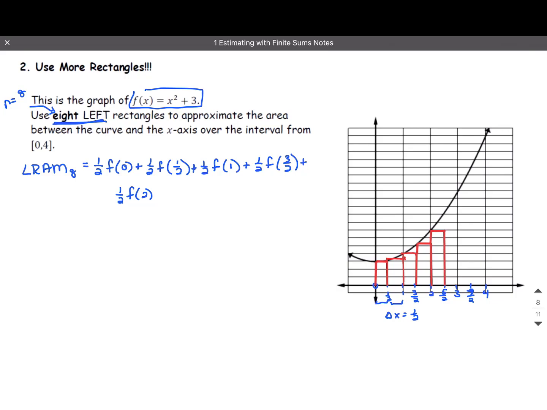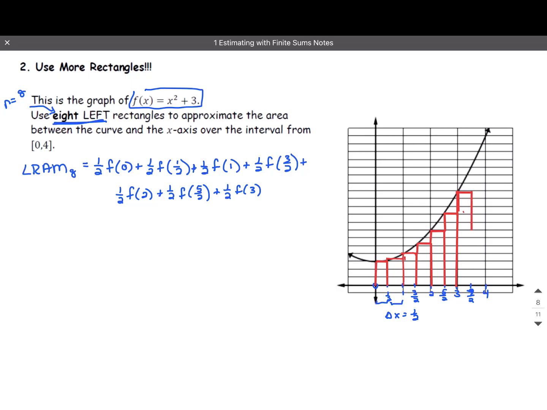Next, from 5 halves to 3, that's also a change of 1 half, but 5 halves is on the left. We're going to use the height at 5 halves. We're going to come over to the end of the subinterval, and we're going to come down at 3. Now from 3 to 7 halves, that's a base of 1 half, and 3 is on the left. So we're going to use the height at 3. We're going to come over halfway.